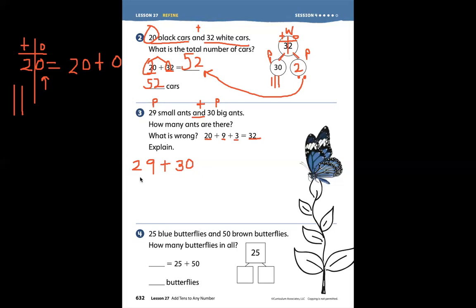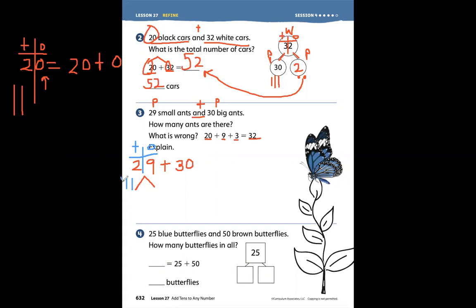Okay? I can break apart the number 29 by looking at the tens and ones. The number 29 is a 2-digit number. It has a tens place and a ones place. The tens place has 2 tens. What is the value of 2 tens? 1 10, 2 tens.